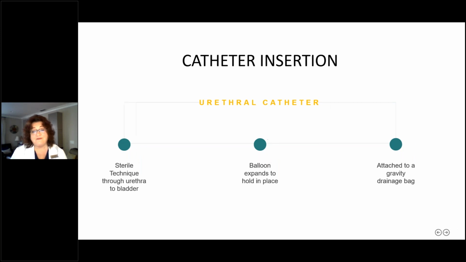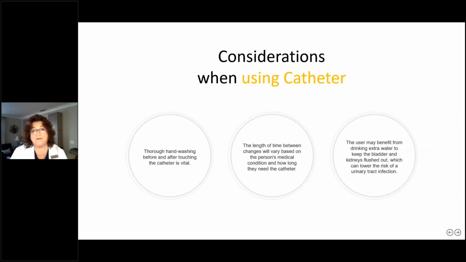So pretty interesting. So the considerations when using a catheter, of course, thorough hand washing before and after touching the catheter is vital. And I'm sure my great uncle didn't do that. The length of time between changes will vary based on a person's medical condition and how long they need the catheter in.